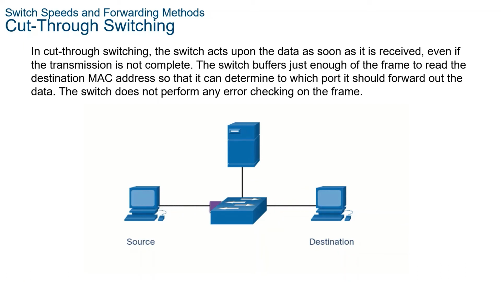The switch looks up the destination MAC address in the switching table, determines the outgoing interface port, and forwards the frame onto its destination through the designated switch port. The switch does not perform any error checking on the frame. Okay?